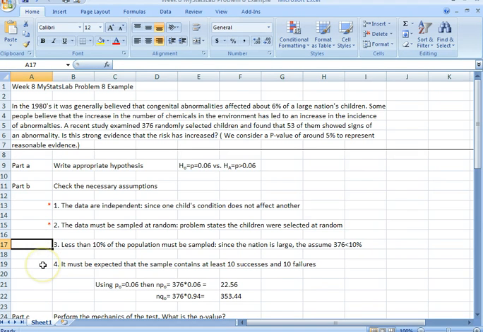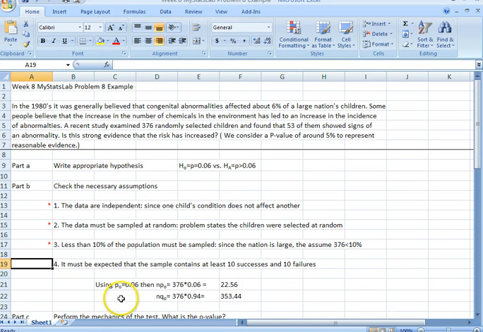Assumption 3, less than 10% of the population must be sampled. Since this is a large nation, we can assume that 376 children would be less than 10% of the population, and we can check that one off also. Assumption 4, it must be expected that the sample contains at least 10 successes and 10 failures.